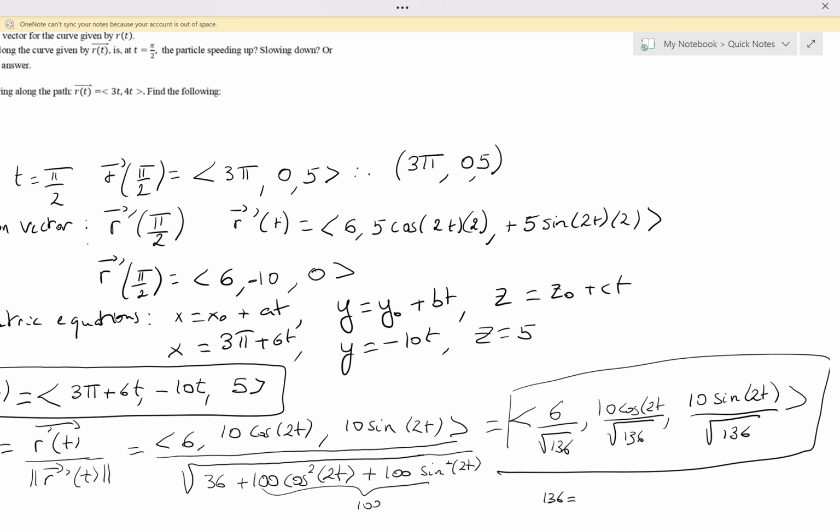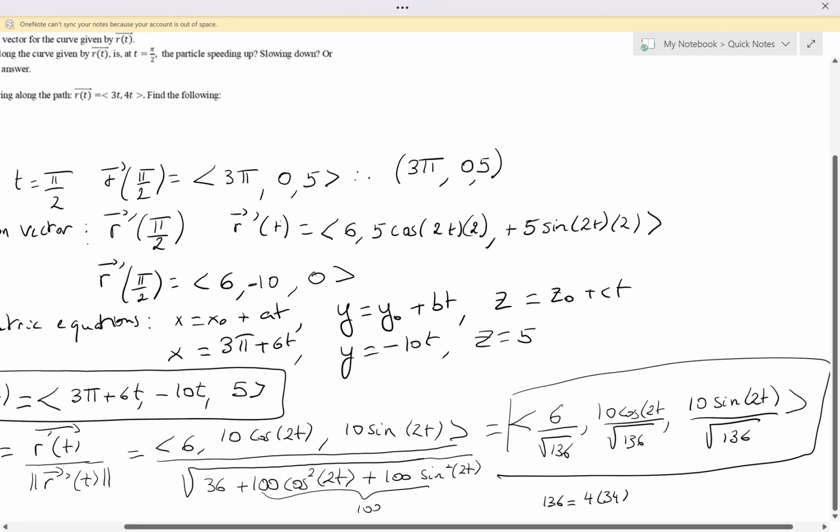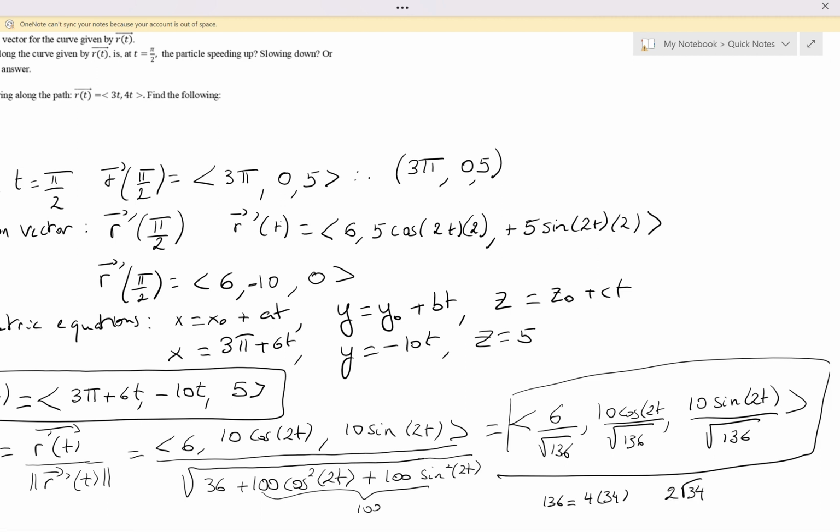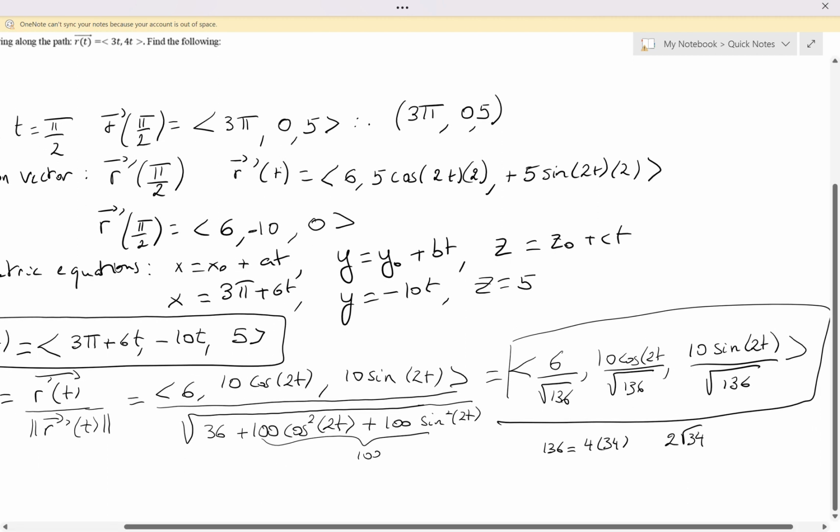Because we can simplify, 136 is 2 times 68, which is 4 times 34. So the square root of 136 is 2 square root of 34, which I cannot simplify because it's 17 times 2.